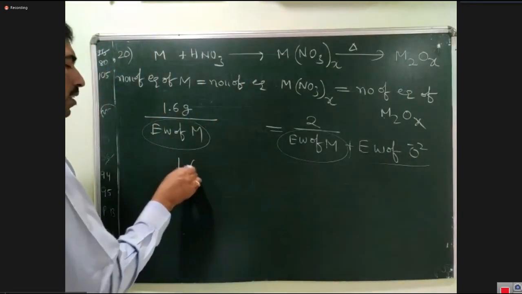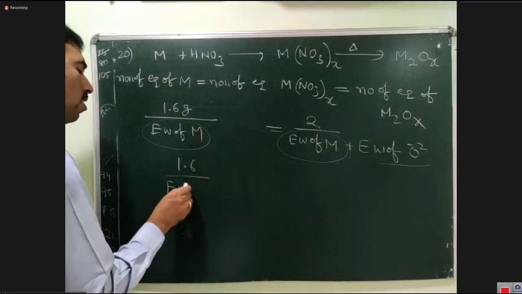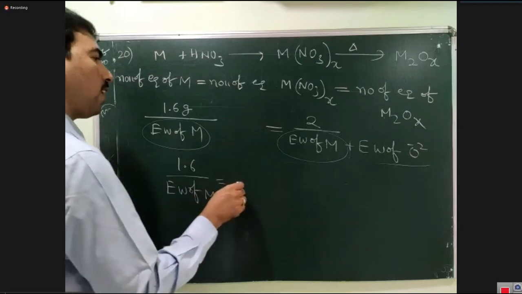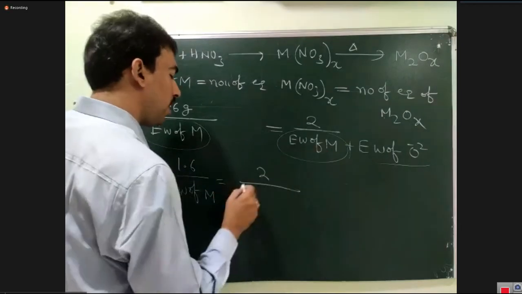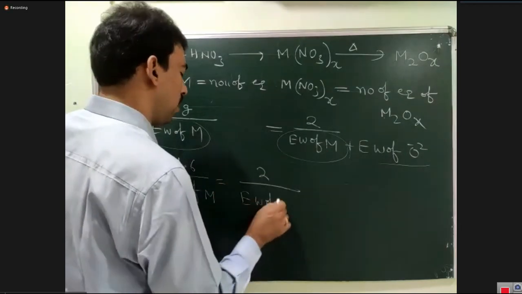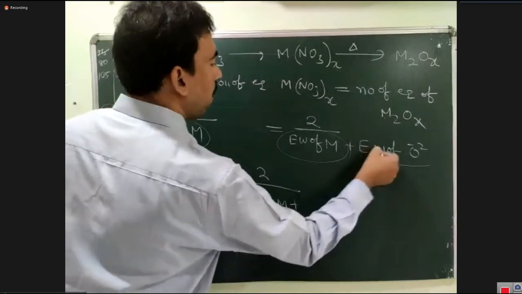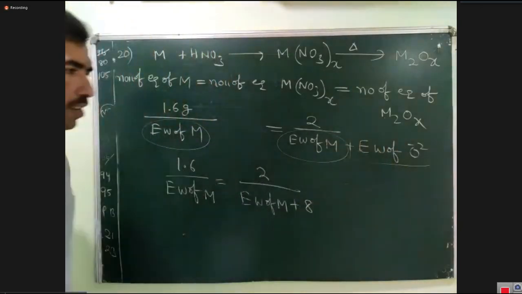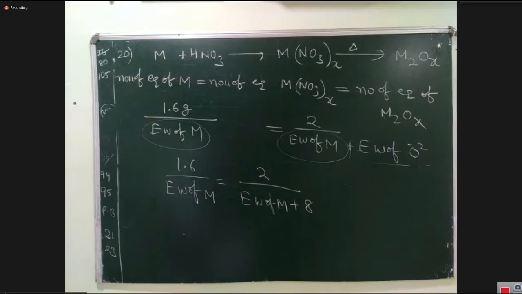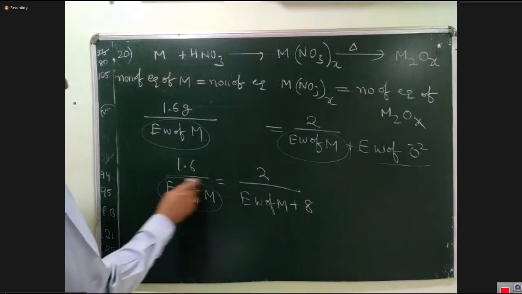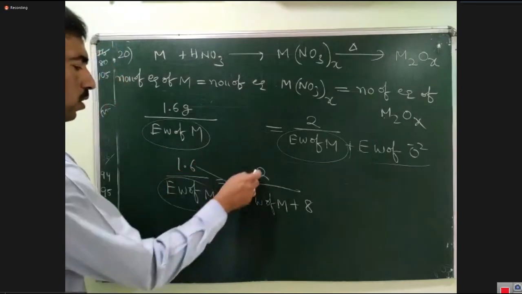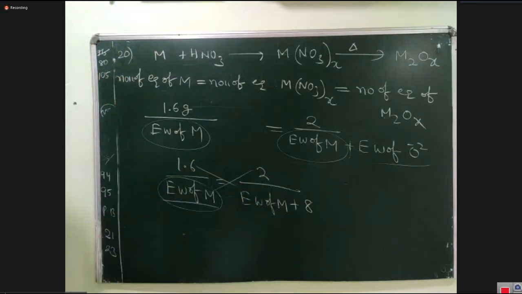So 1.6 divided by the equivalent weight of M is equal to 2 divided by the equivalent weight of M plus the equivalent weight of oxide, which you know is 8. Now you can find the value by cross multiplication.